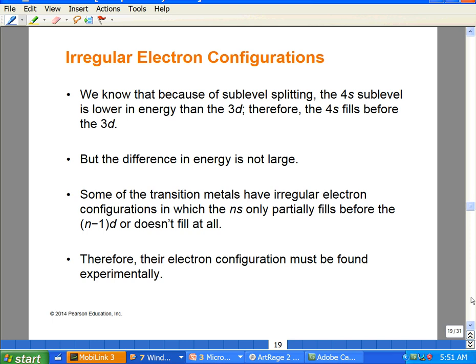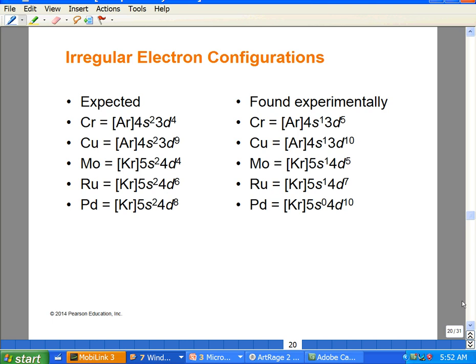And so there are some exceptions to that filling order, and this is them. Okay, so you need to memorize these. You need to know that these are the elements that in nature don't fill the orbitals in the order that we expect them to based on our prediction. And this is what they actually do.